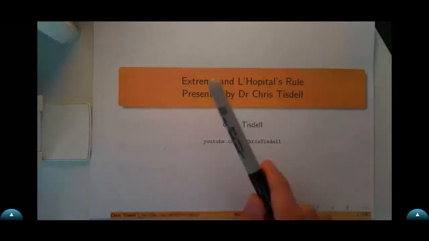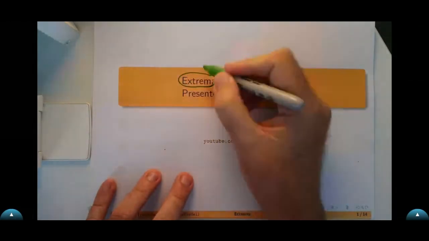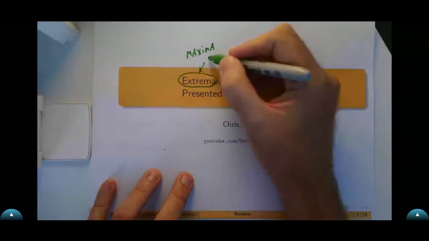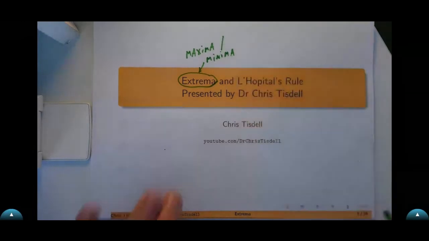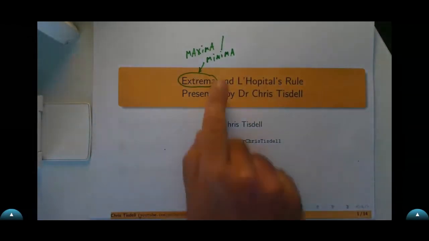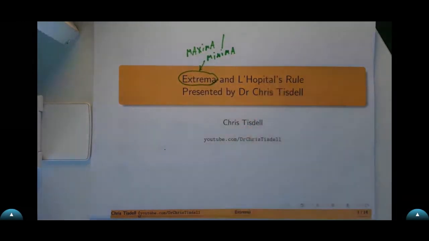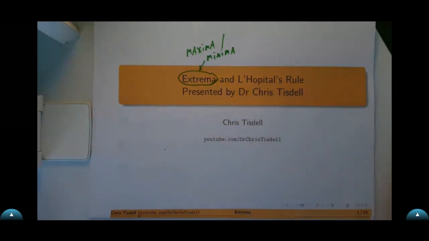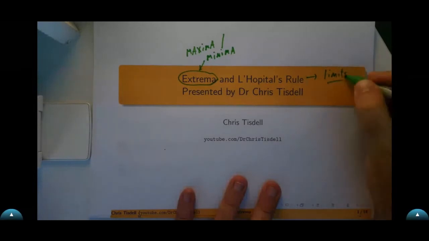All right. So extrema and L'Hopital's rule. I think this will look familiar. Extrema is just a fancy way of saying maxima or minima, a collective term for these two things. And L'Hopital's rule, which looks like L'Hospital's rule, is a French name, a famous mathematician who's credited, and it's got to do with taking limits.